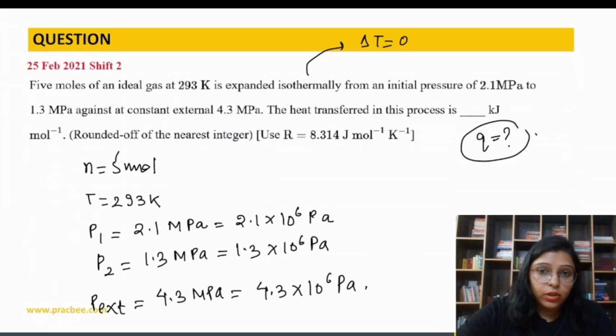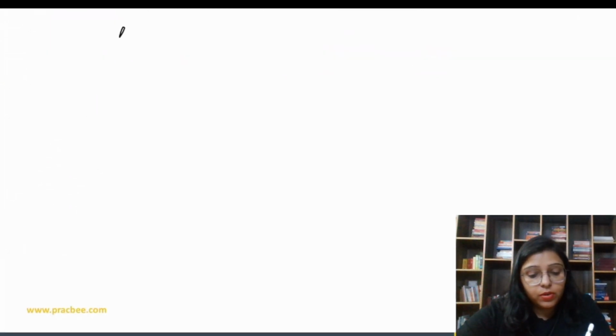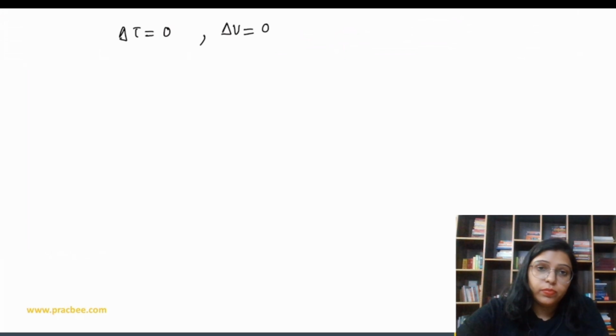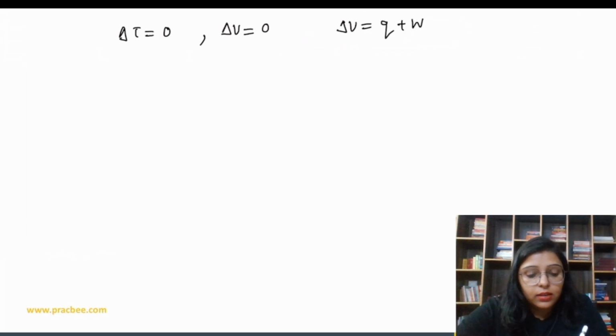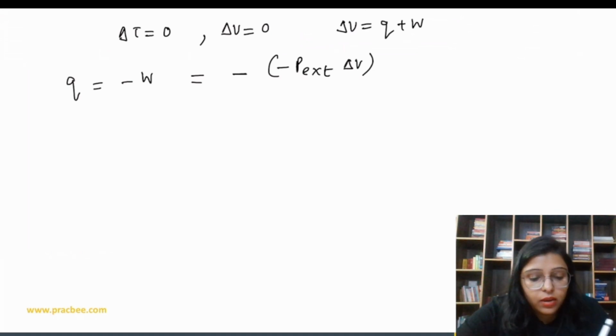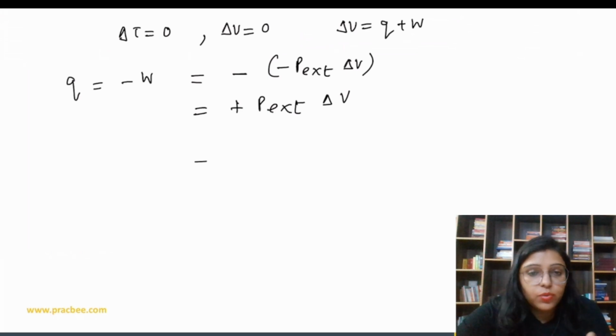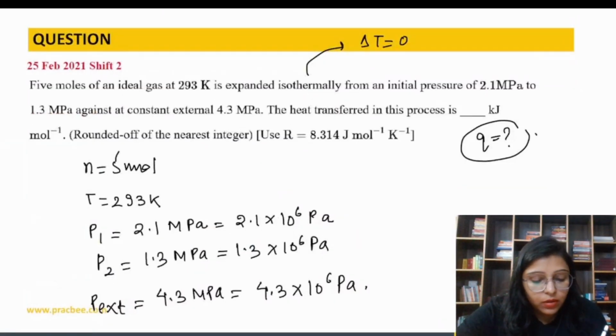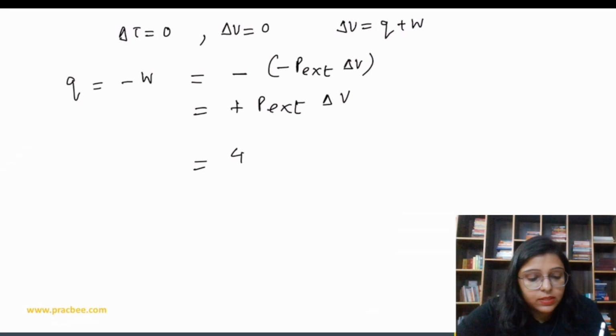So how to find out? See, it is an isothermal process. So it means delta U is equal to 0. So delta U is equal to Q plus W. So we know that Q is equal to minus W, and minus W is minus P external delta V. So we can write plus P external delta V. So what is the P external value? 4.3 into 10 to the power 6.